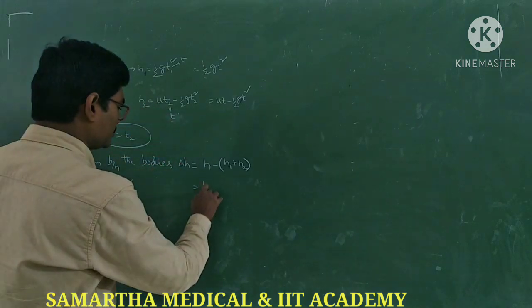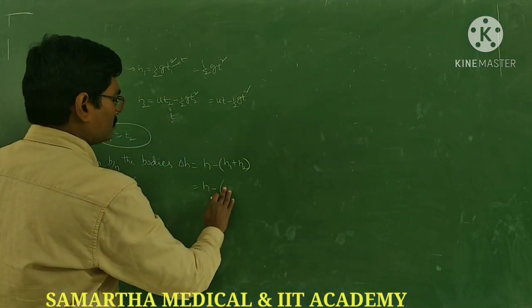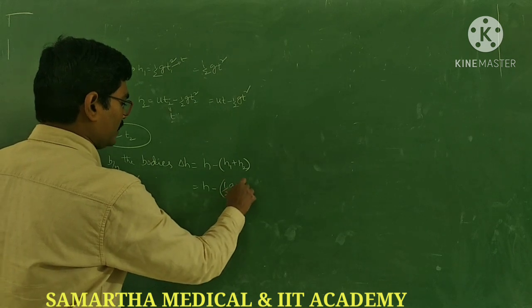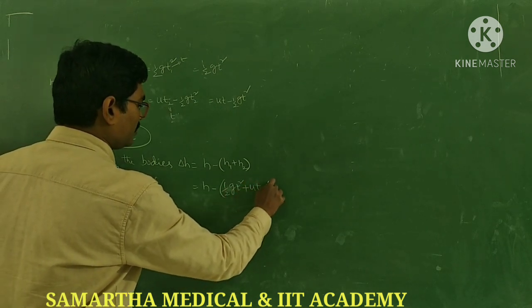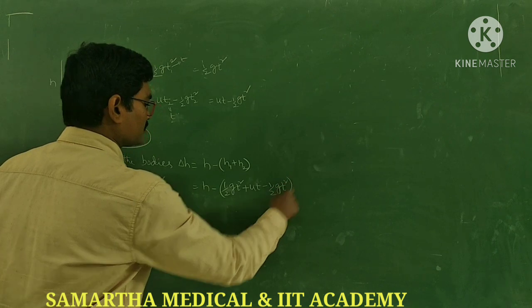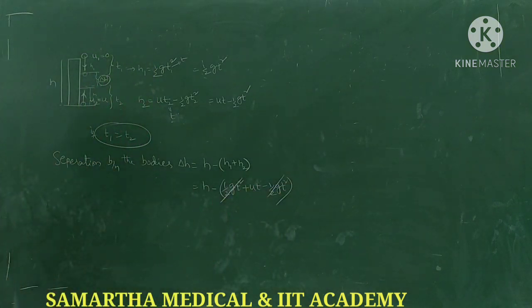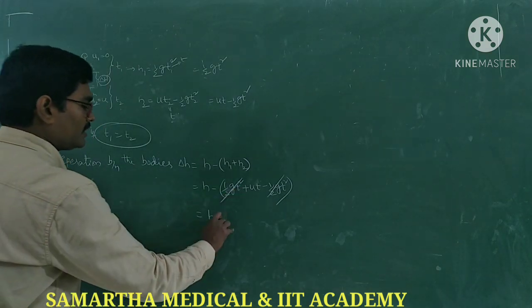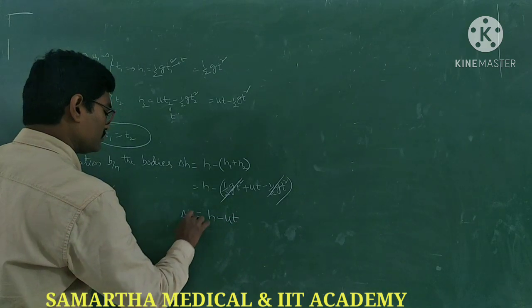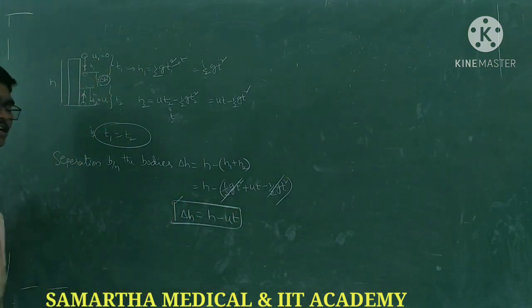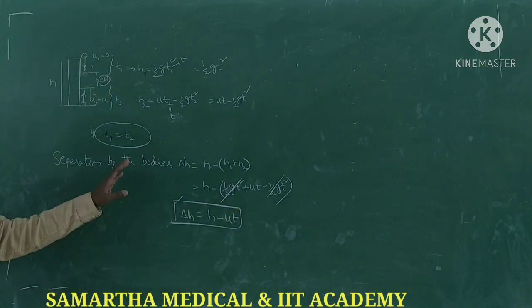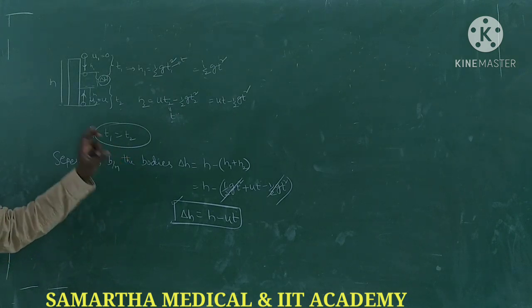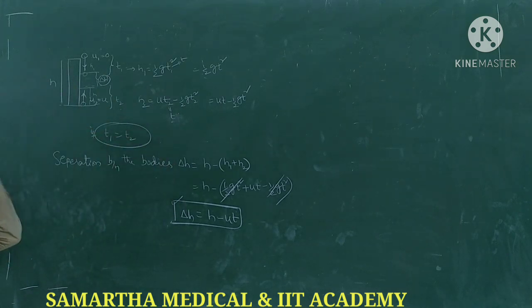Now subtract it. h minus half g t square plus ut minus half g t square. So h minus ut. Any doubt? Clear or not? So the separation between the two bodies after a time t seconds is h minus ut. That's all.